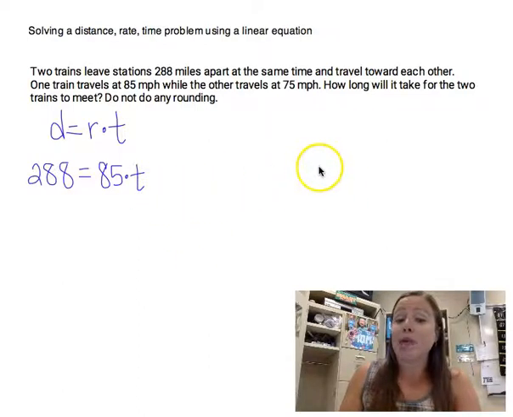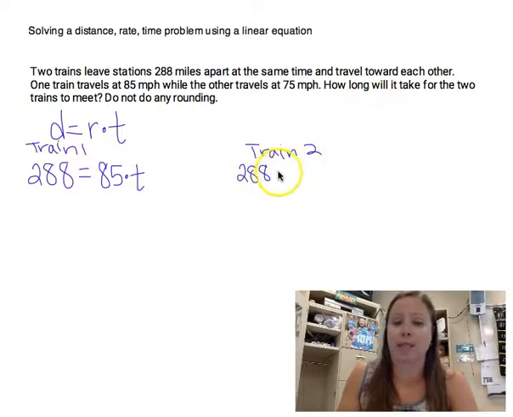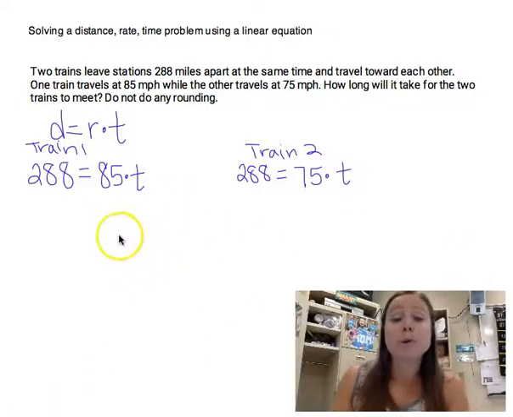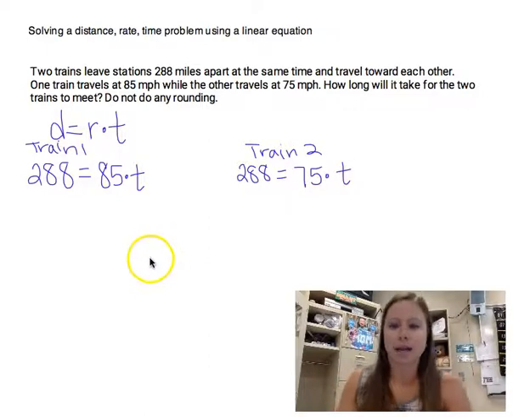For the second train, so this is train 1, train 2, if it were the only one traveling, it would also travel 288 miles, and that would be 75 times t.